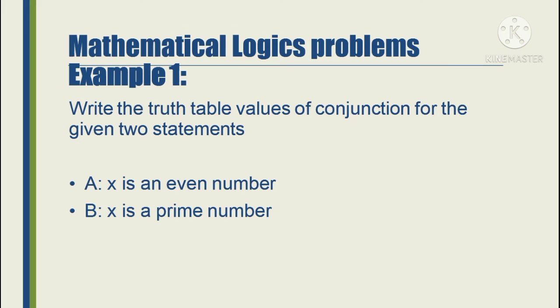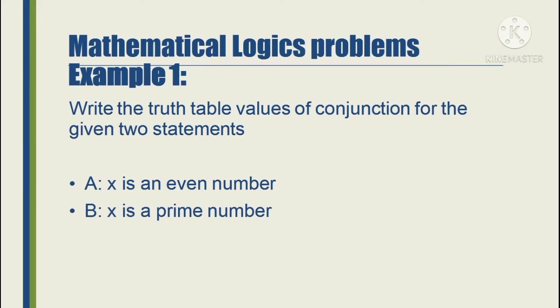So, yun yung ating magiging even number, di ba? So, next, letter B, X is a prime number. So, ang prime number natin is 2, 3, 5, 7, 11, 13, 17, 19, 23, 29, 31. So, yun yung mga example ng ating prime number.